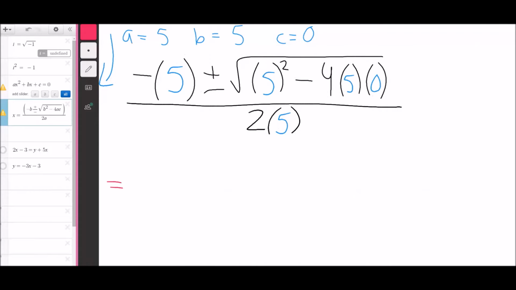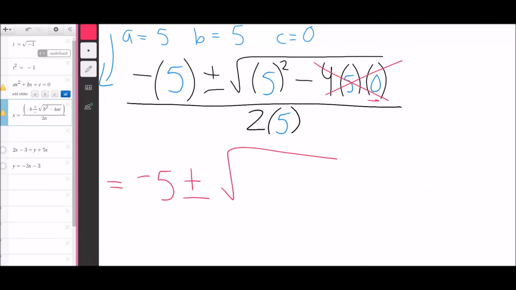We know anything times 0 is going to be 0, so we can cross that out. So we can bring down -5 plus or minus the square root of... 5 times 5 is 25.